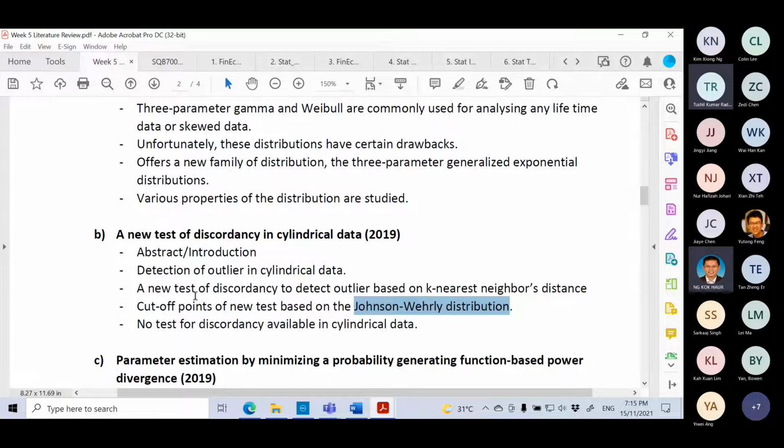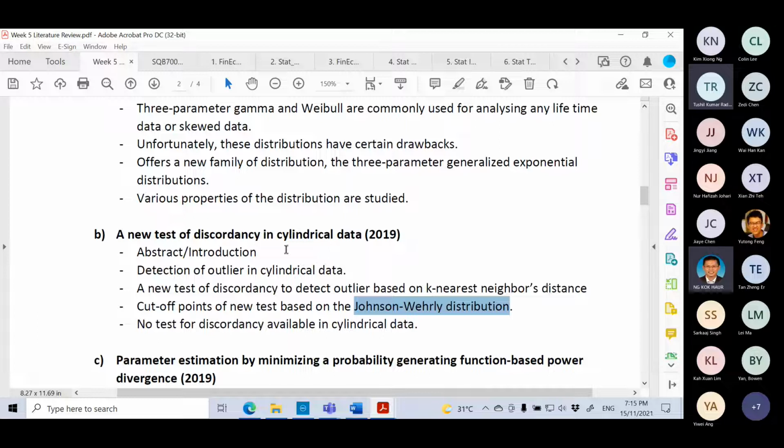In this paper, they mention that the new test is based on the K-nearest neighbour distance. You can think about whether you can propose a new test based on different techniques. This would be a contribution in terms of statistics and methodology. We are not using the existing techniques to run the result, but we propose a new test.